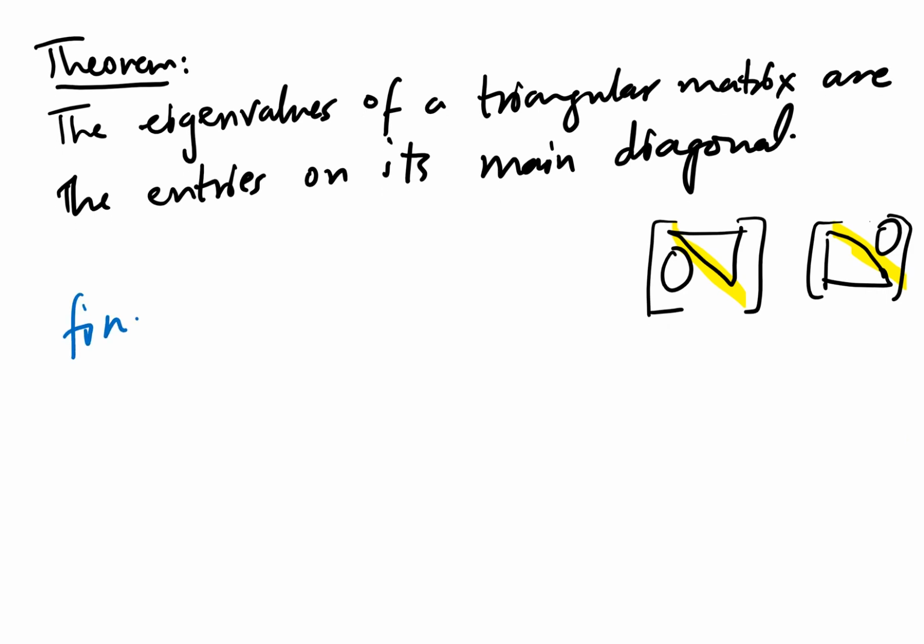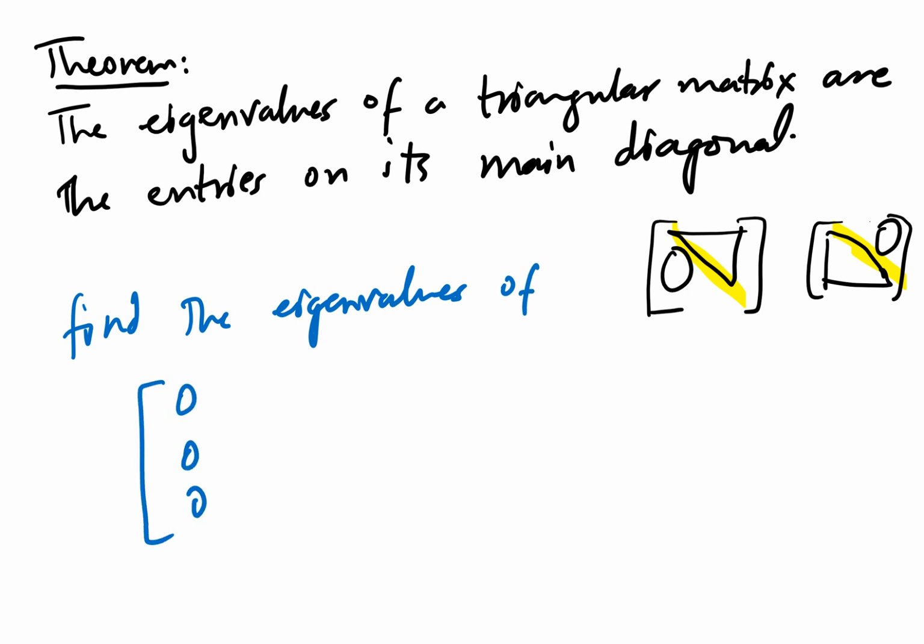As an example, find the eigenvalues of the matrix 0, 0, 0, 0, 5, 0, 0, 6, -3. So notice, is this a triangular matrix?